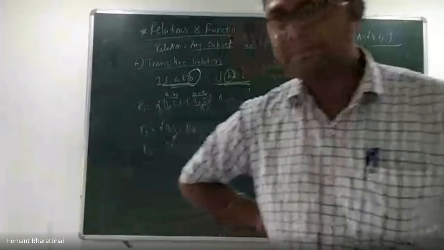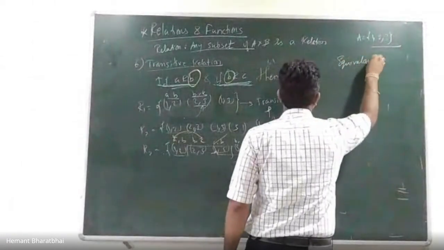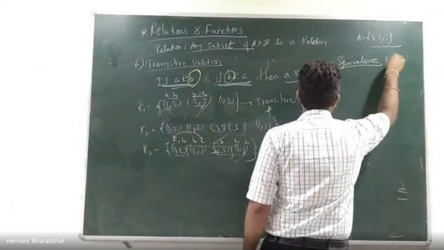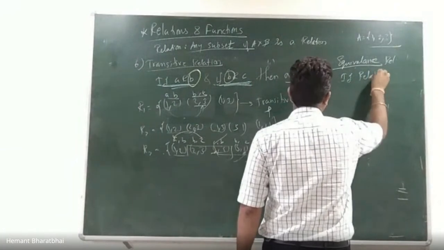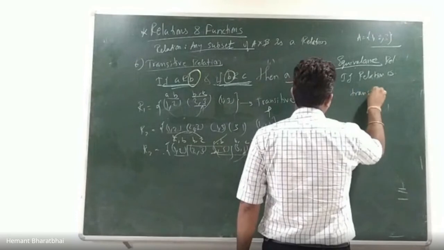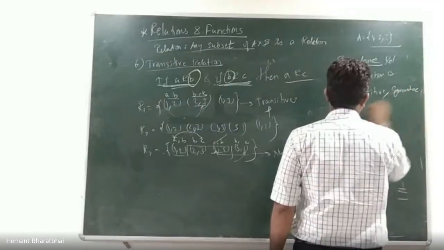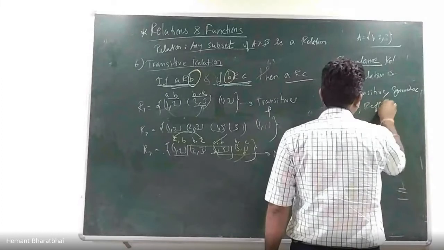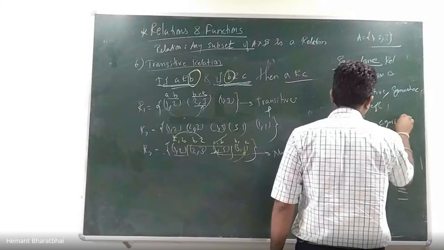The last type of relation is the equivalence relation. So what is an equivalence relation? If a relation is transitive, symmetric, and reflexive, then it is called an equivalence relation.